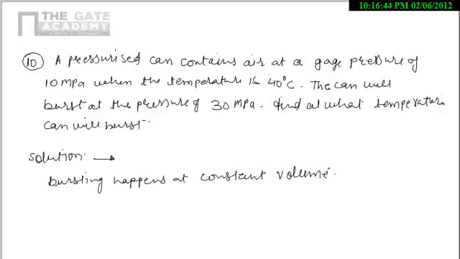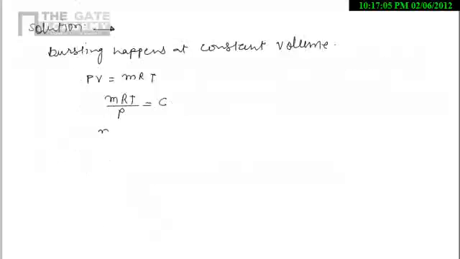So for a constant volume problem, if I write the perfect gas equation, PV equals mRT, I can write mRT by P equals constant. So I can write mRT1 by P1 equals mRT2 by P2.